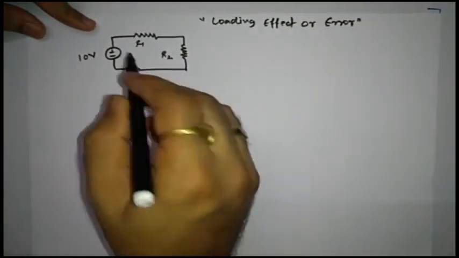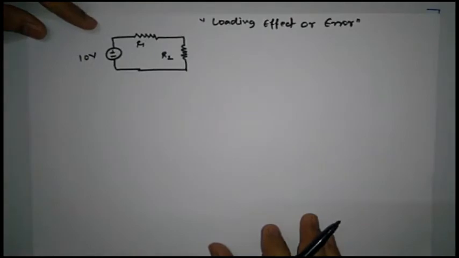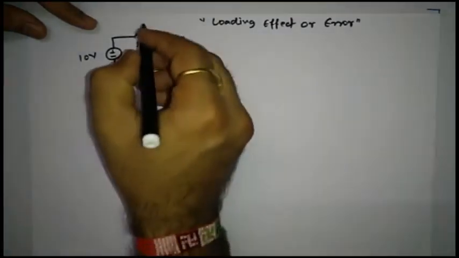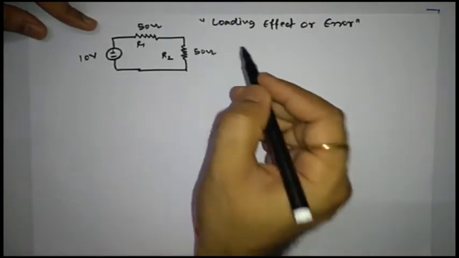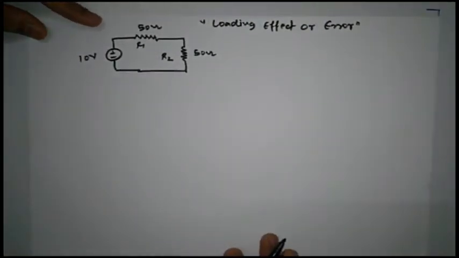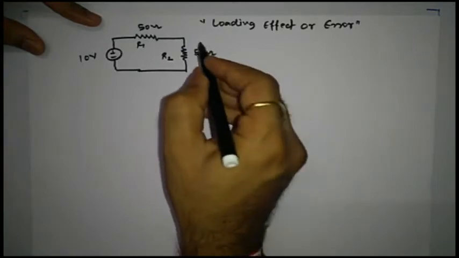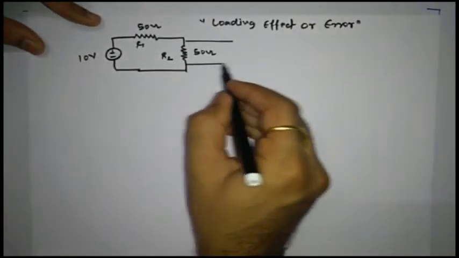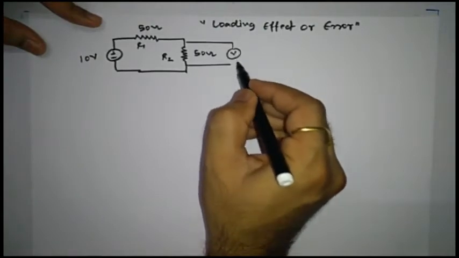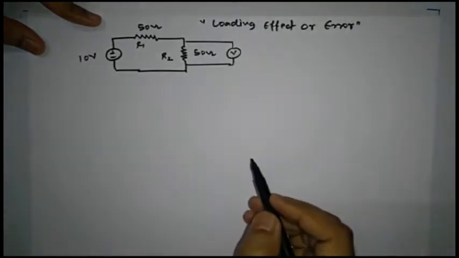Now let us consider that both the resistors are of same value, say 50 ohm, and here again say 50 ohm. Now our objective is to calculate the voltage across this resistor R2 with the help of some voltmeter.